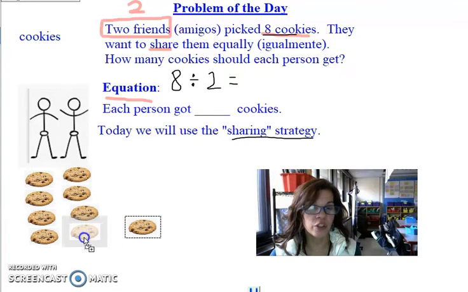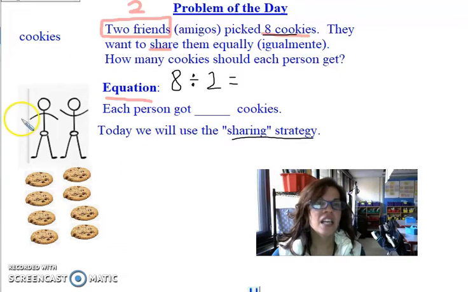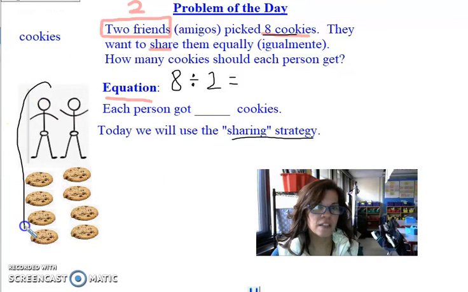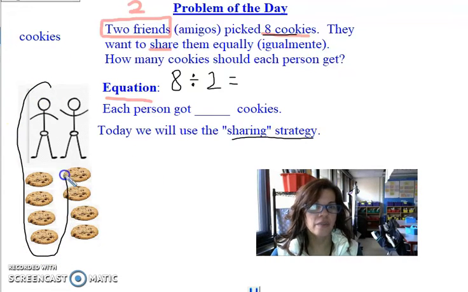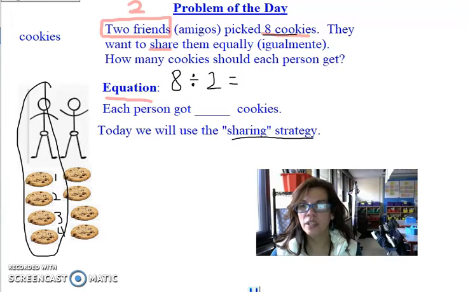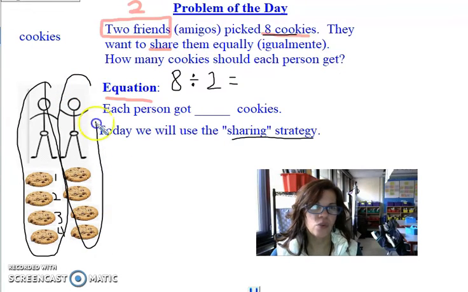They're both equal. They're both the same. And each person has a fair share of how many cookies? We have 1, 2, 3, 4. So this person gets 4 and this person gets 4.